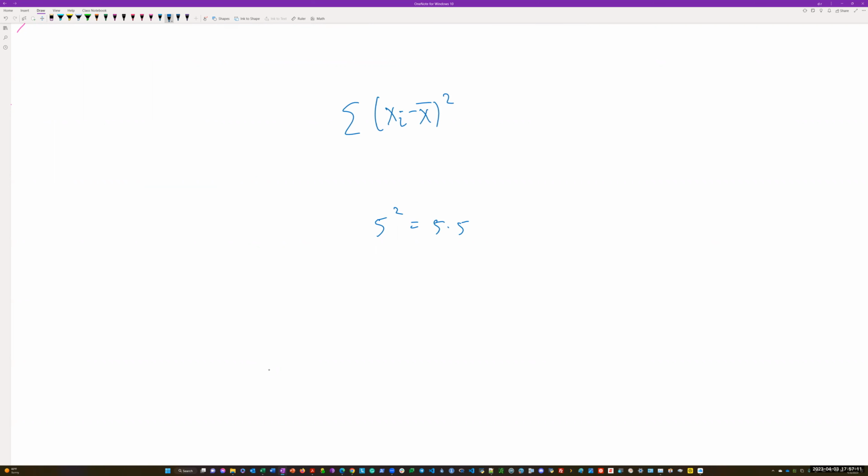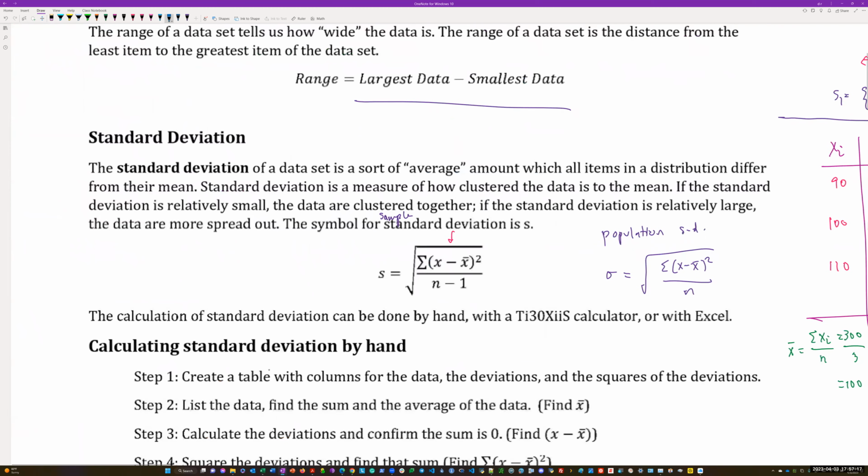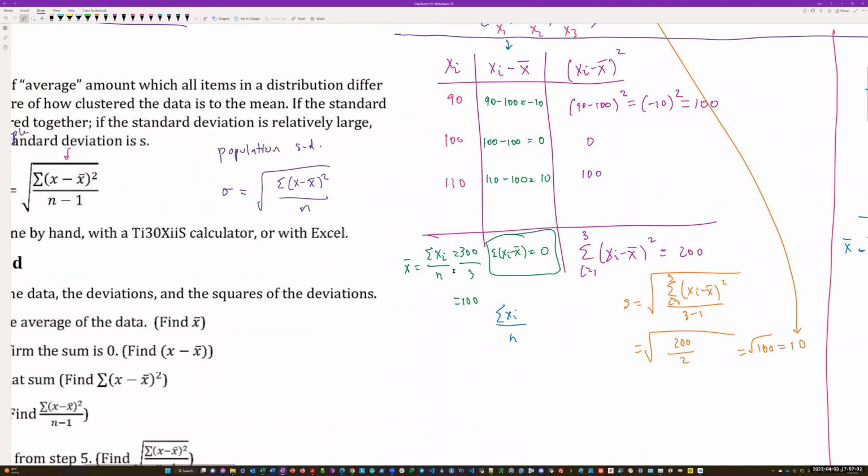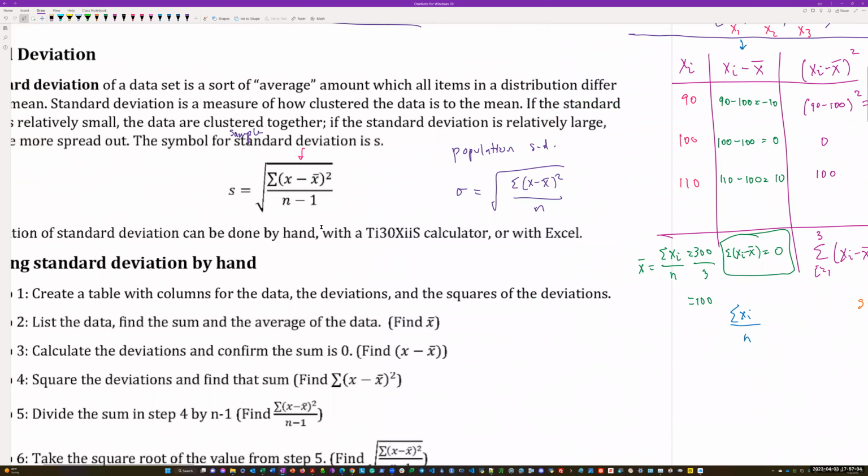First you have to find the deviation, but then you have to square it. Does that make sense? Deviation just means subtract this minus the mean. Does that make sense? But how do you know that's the mean? You have to find the mean first. That's why we did this part first, so you find the mean. You always have to find the mean first.